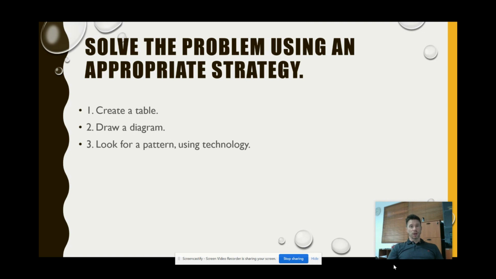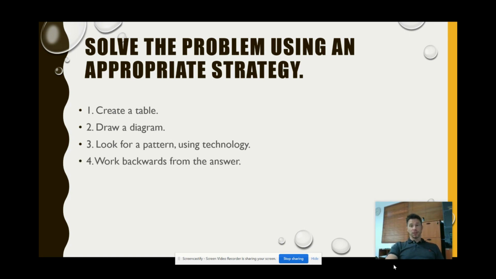But for the most part, looking for the pattern for you guys won't use technology yet. But you can look at maybe the jumps, if it's numbers, perhaps you're making the same mistake. What was that pattern? And that's a strategy you could use.